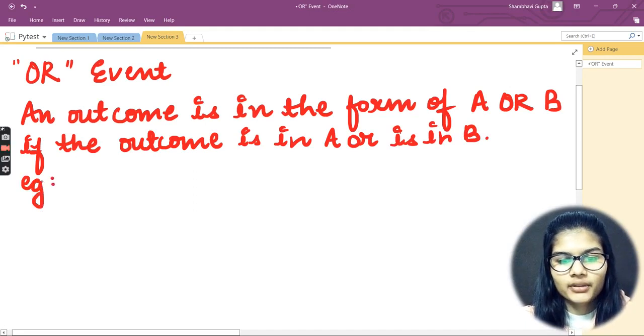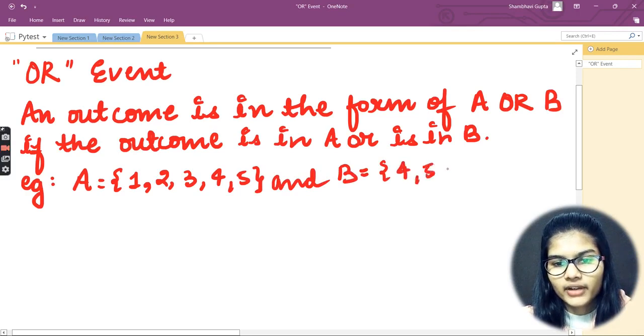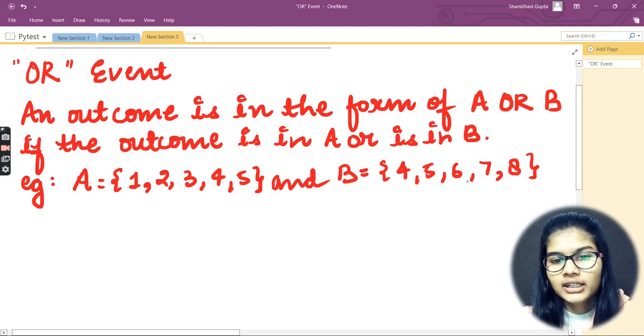Let's say you have an event A that is 1, 2, 3, 4 and 5. Okay, let's say this is an event. And what about B? B is equal to 4, 5, 6, 7, 8. Okay, this is B.